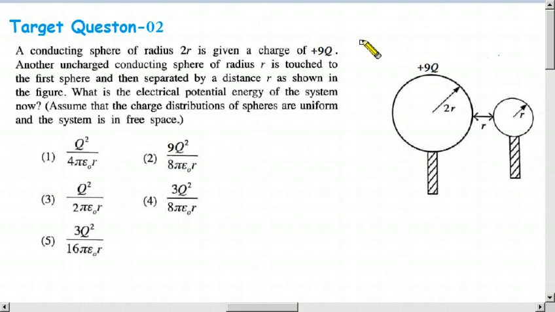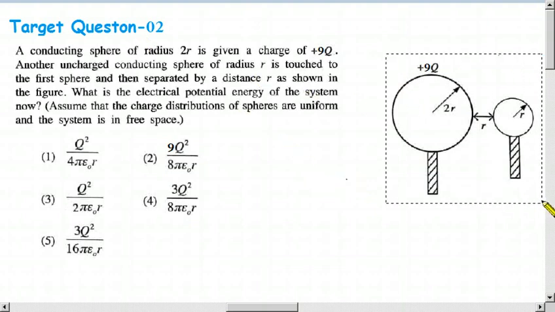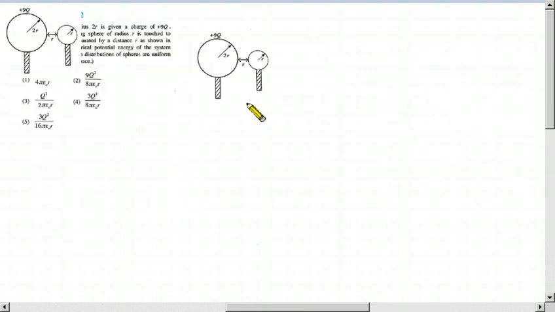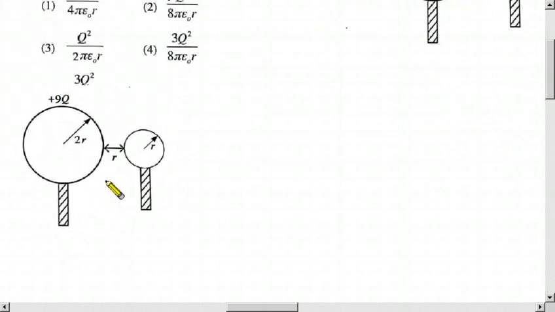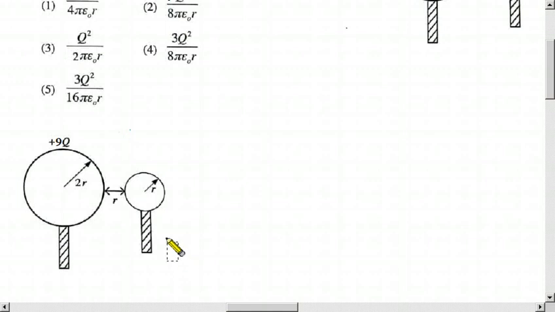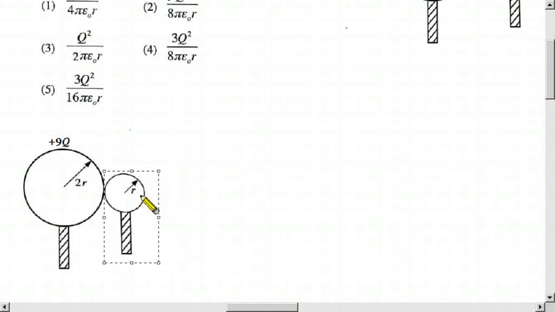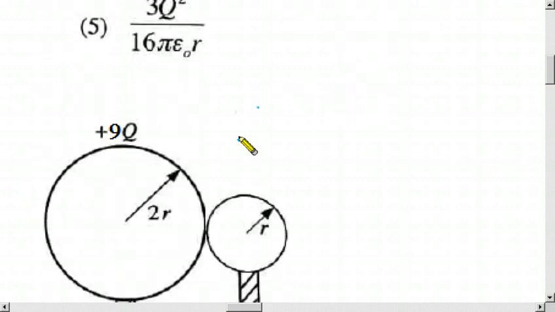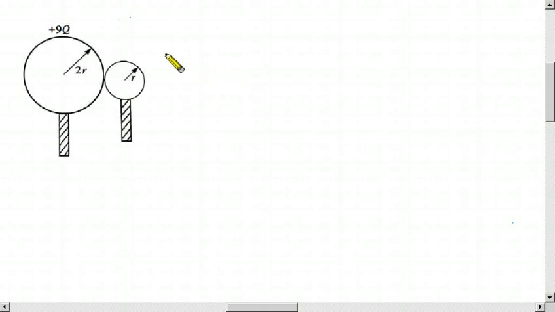Pause the video and try to do it. Let us follow the same pattern.